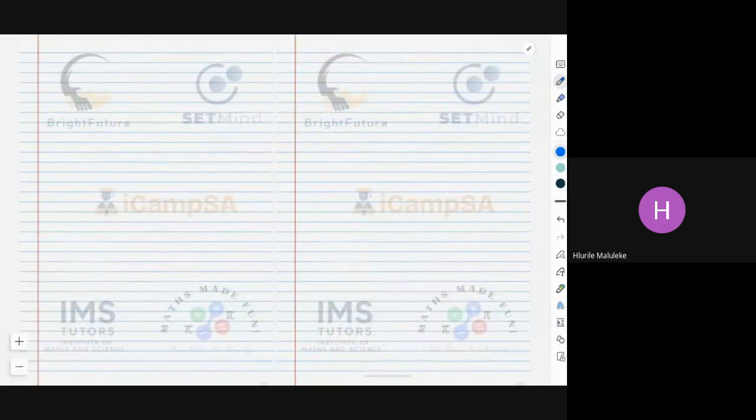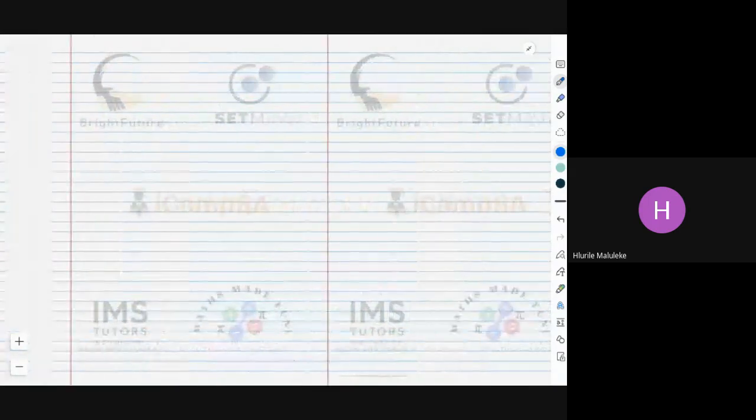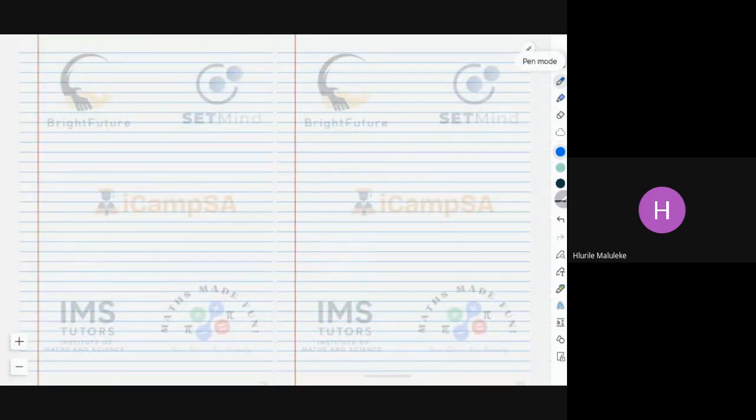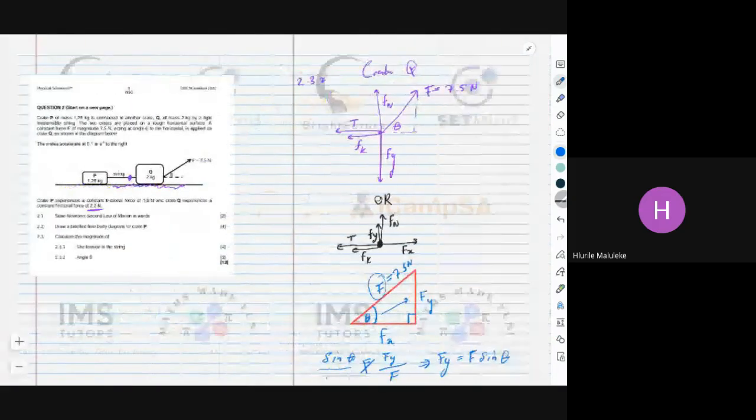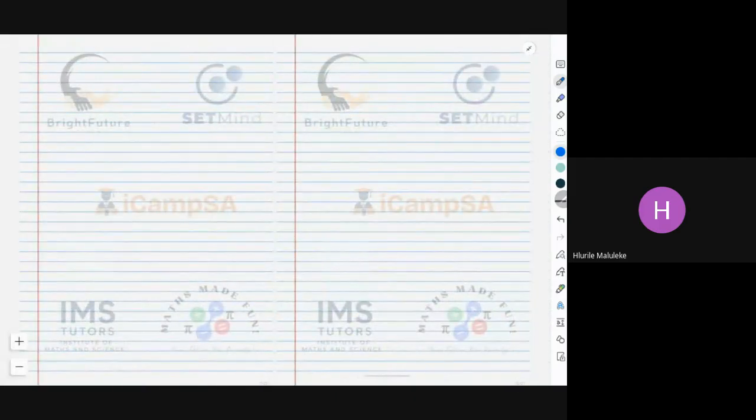Okay. So then, if we want Fx, we're going to use cos, right? Because cos theta equals Fx over F. You cross multiply here.